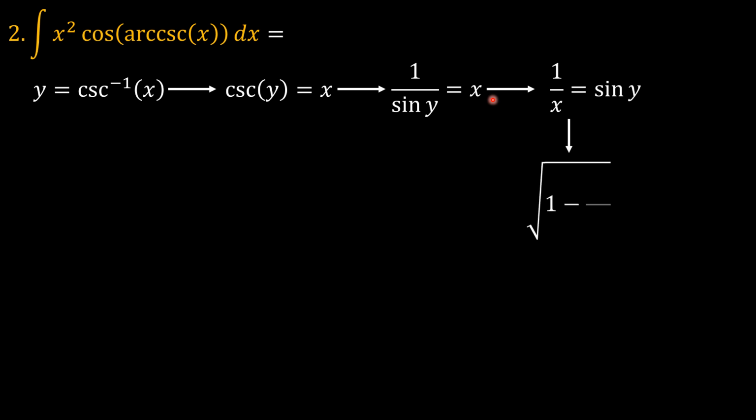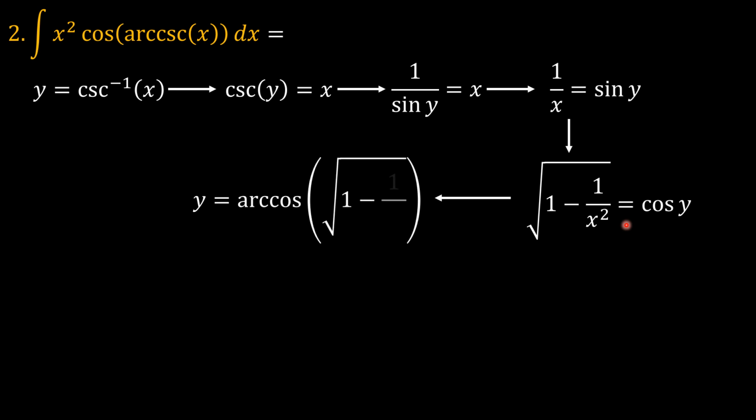And then now we can express the left-hand side as: 1 minus 1 over x squared is equal to the square root of 1 minus sine squared, which is cosine y. And so the arc cosine of the square root of 1 minus 1 over x squared is equal to y.